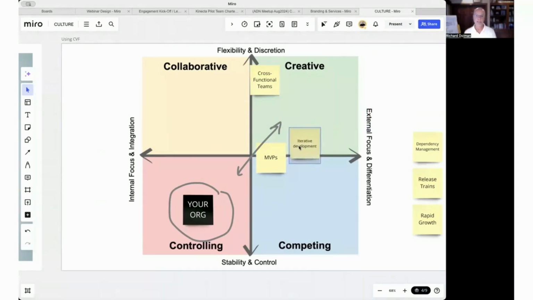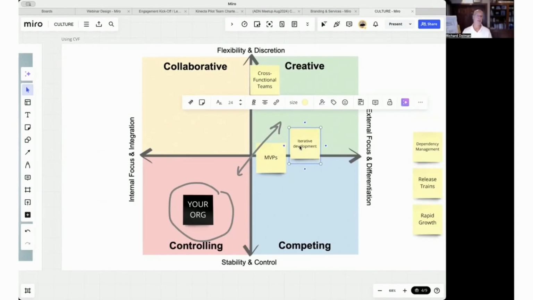Now, you also referenced iterative development. I'm going to put iterative development mostly in the creative quadrant, a little bit down in competing. We all know that iterative and incremental delivery is important, particularly when we're dealing with complexity.